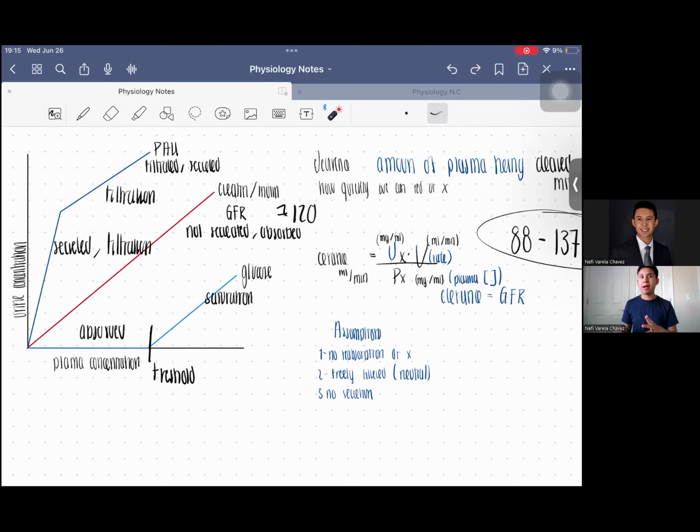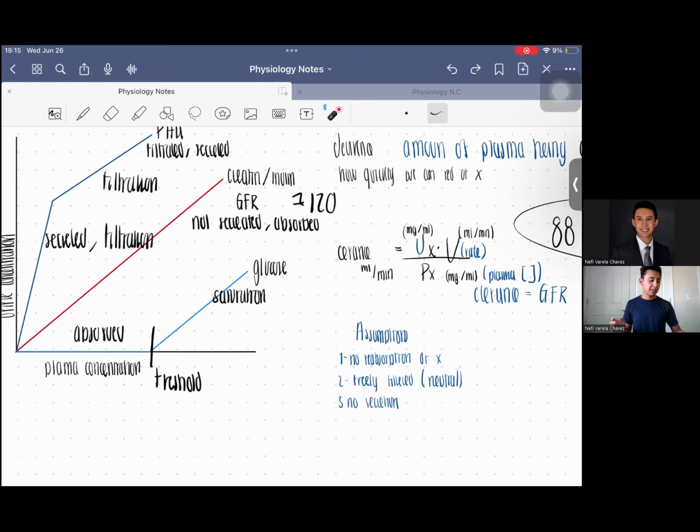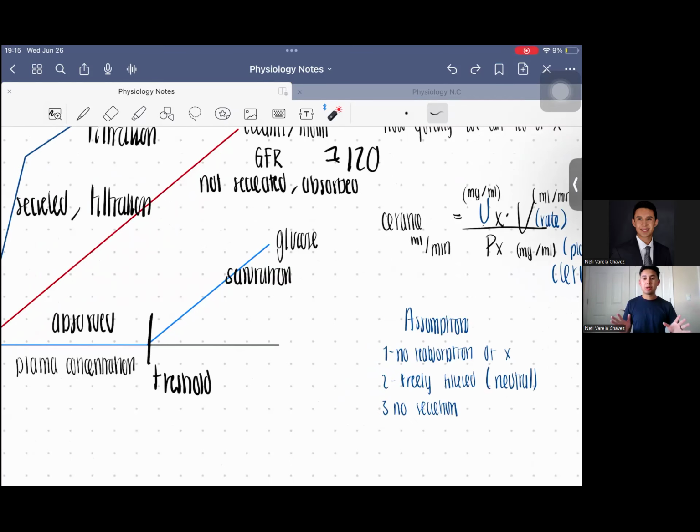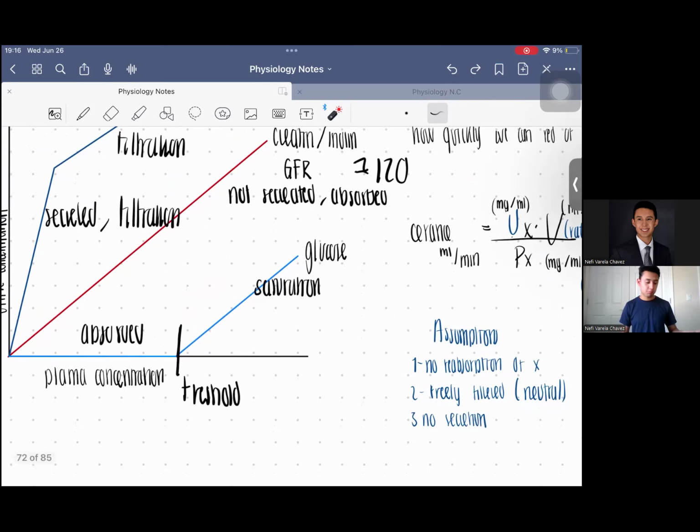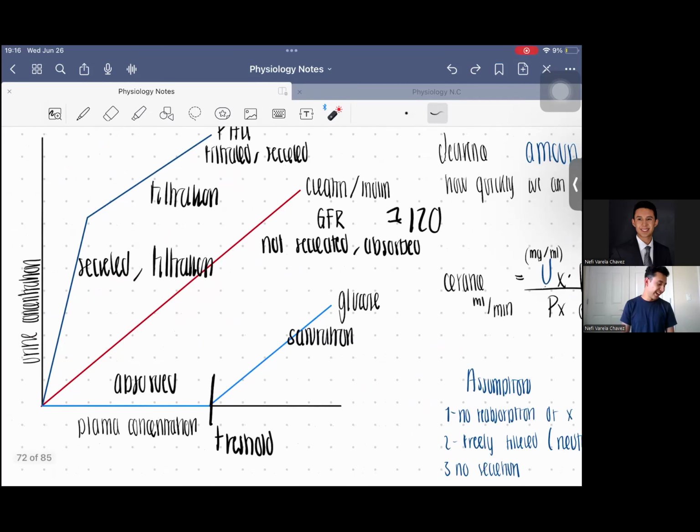Well, not exactly like that, but those molecules are going to build up, reaching this threshold. So we're going to have saturation. And now we're going to see some glucose, some sugar, going into the urine. That's not good. That's a symptom of diabetes, right? Having sweet pee, okay? Don't try it at home.